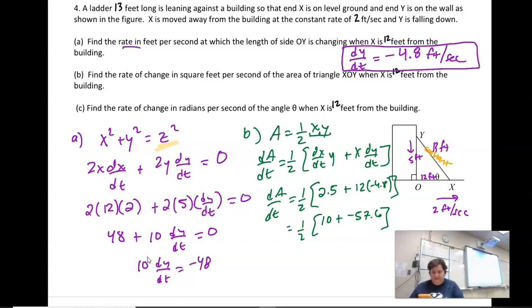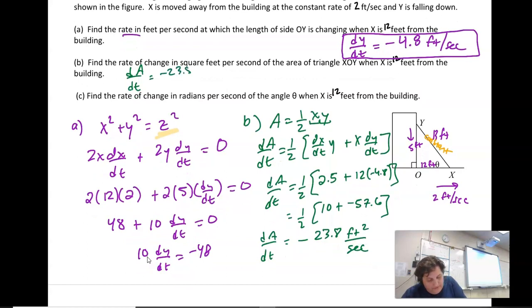Let's see. Plus 10 divided by 2. So the area of the triangle is decreasing at a rate of 23.8 feet squared per second. Okay, negative 23.8 feet squared per second.